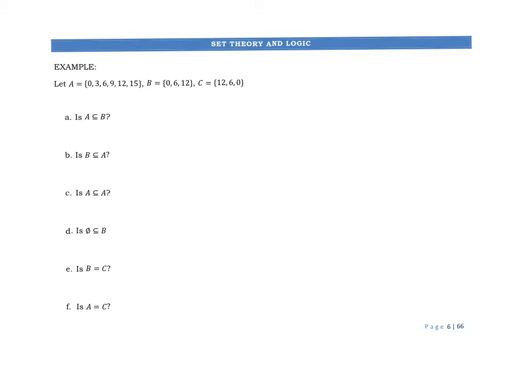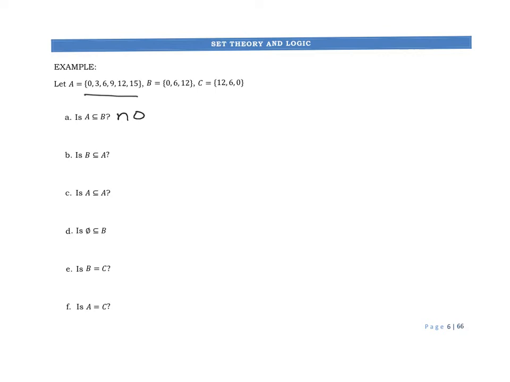So when I say, is A a subset of B, I'm asking, is every element in set A also in set B? So perhaps you see that that is a problem because not every element in set A is found in set B. I see 0 is in set B, but 3 is not in set B, so that would be a no. But if I turn that around, if I ask you, is set B a subset of set A?